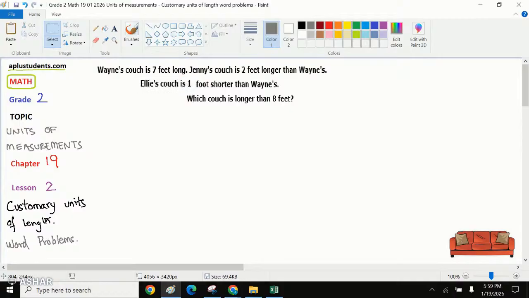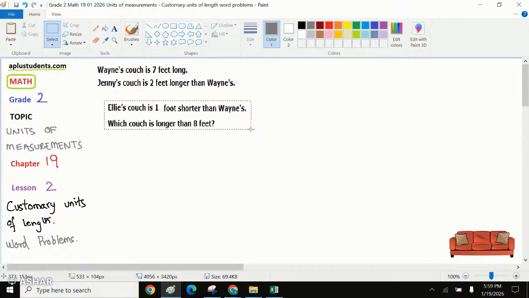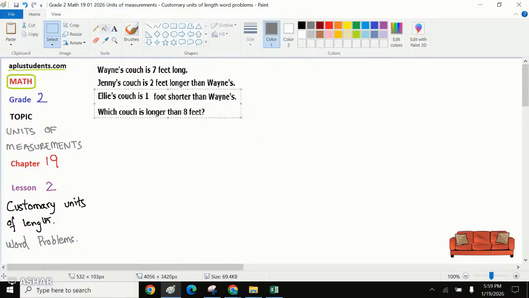Okay, this is given, and they're saying Jenny and Wayne. See, what they are saying is Wayne's couch is 7 feet long, right? So we need to put a standard over here. Question number 1, let's make a standard, okay?